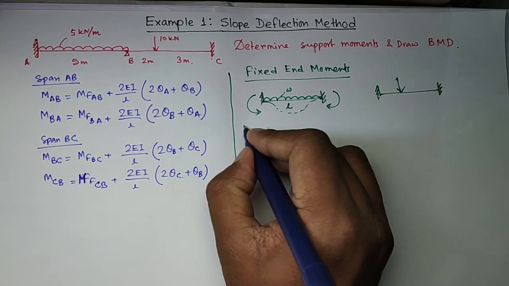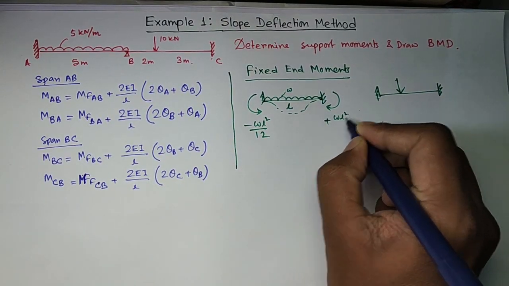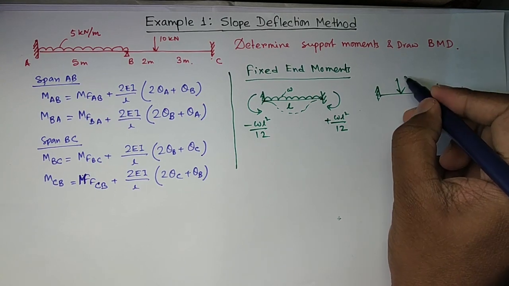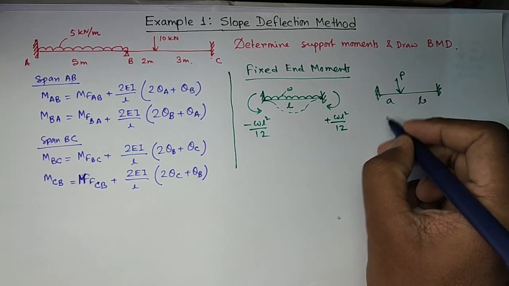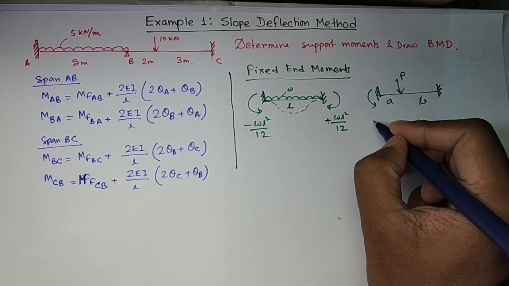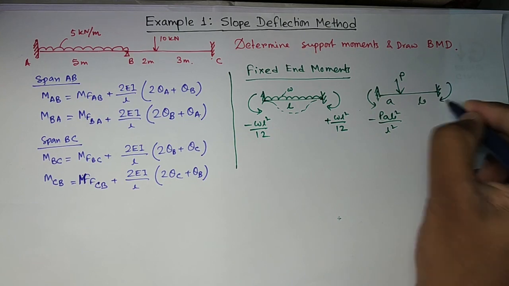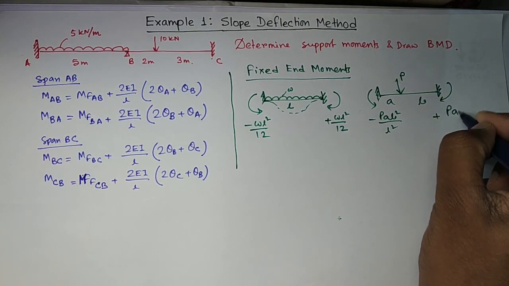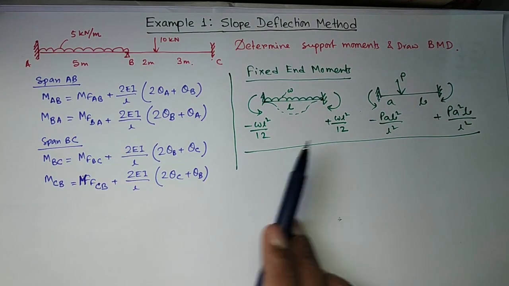The moments will be minus WL square by 12 and plus WL square by 12. And for a fixed ended beam with a concentrated load P, this is A and this is B. The moments will be minus PAB square by L square and plus PA square B by L square. So keep these formulas in mind.